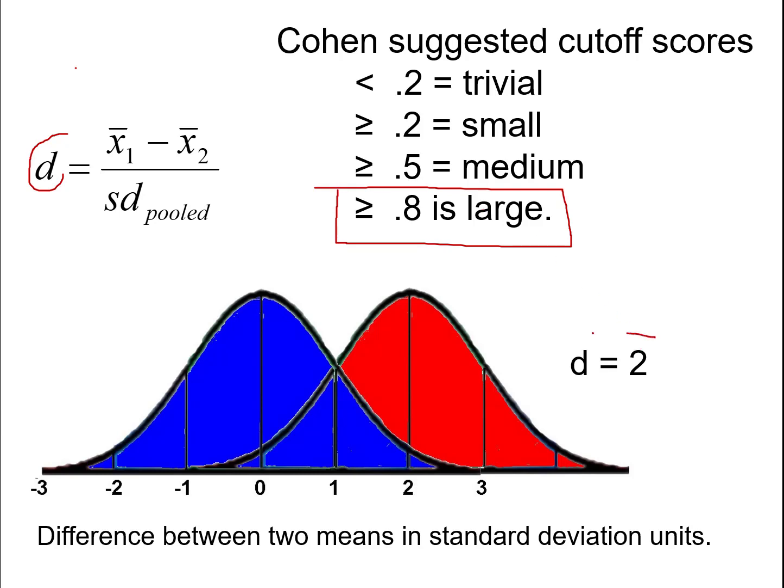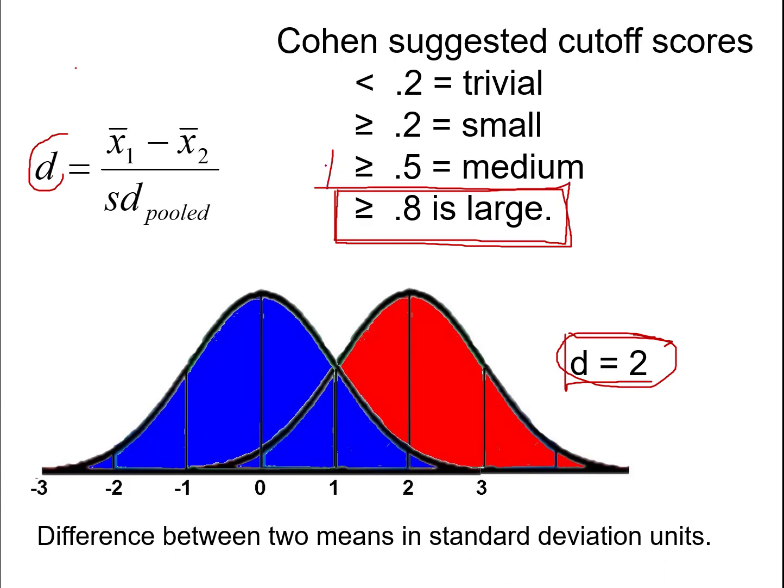That's nowhere near 2. Sometimes we might get a D of 1 or slightly bigger than 1. That's really big. I've never seen a study doing something important getting a D of 2 standard deviations of difference.